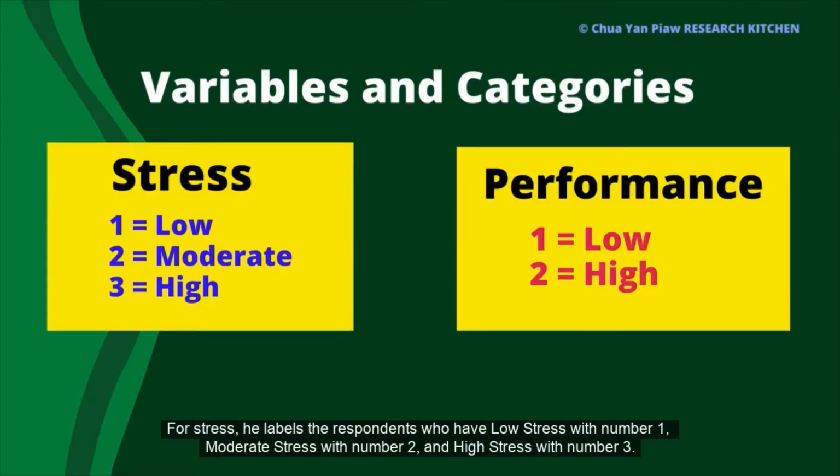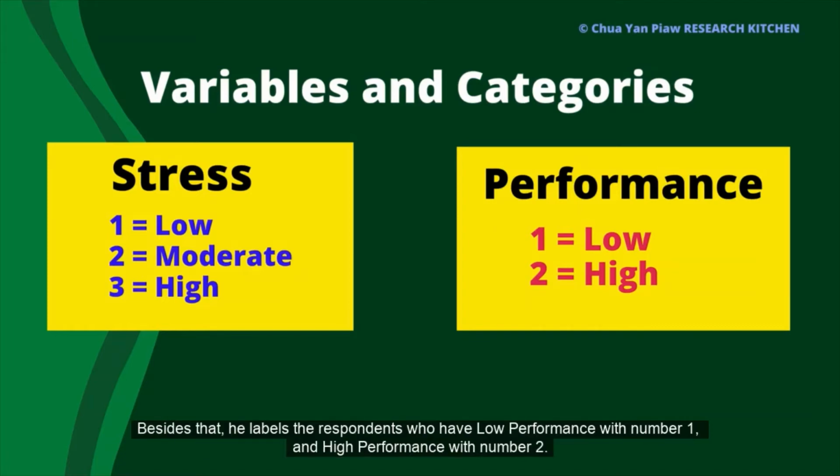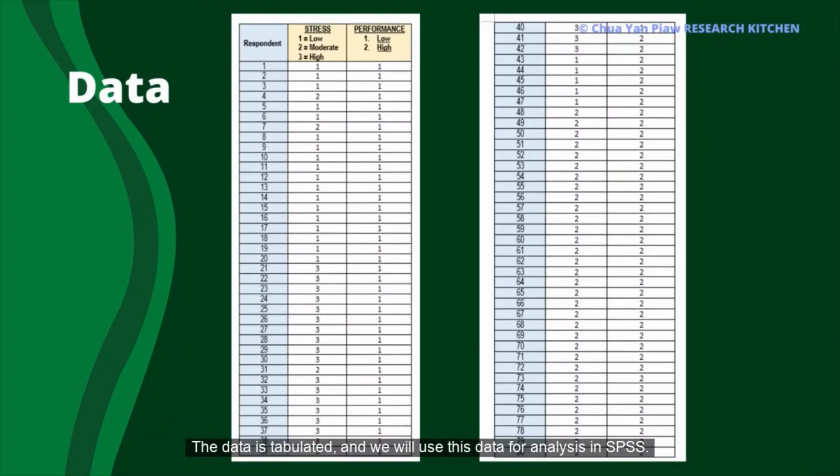For stress, he labeled the respondents who had low stress with number 1, moderate stress with number 2, and high stress with number 3. Besides that, he labeled respondents who have low performance with number 1 and high performance with number 2. The data is tabulated, and we will use this data for data analysis in SPSS.